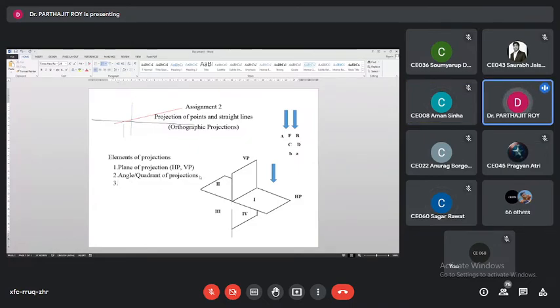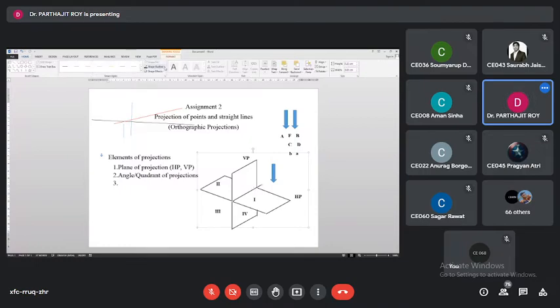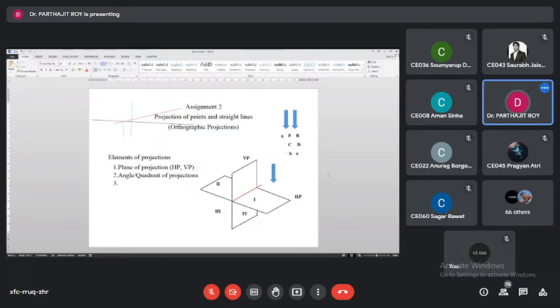Proceeding further, what is the third one? So if you see, just for your understanding, I'm changing the color of the line. This red color line, you see, is a common line between both the planes.